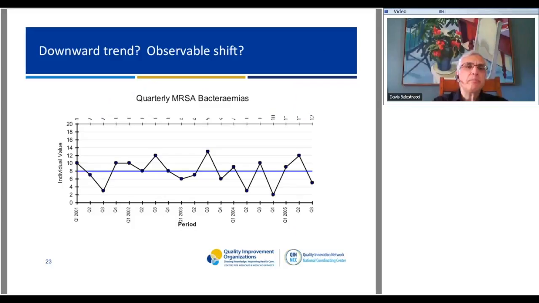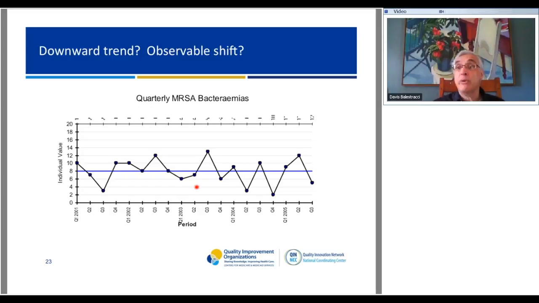So if all these 149 root causes were successful, we're obviously trying to drive fewer bacteremias. So we might see a trend of 6 successive decreases going down. Do you see that anywhere in this data? I think the biggest one you see, well, here's 2. Here's another 2. Nothing's even close.